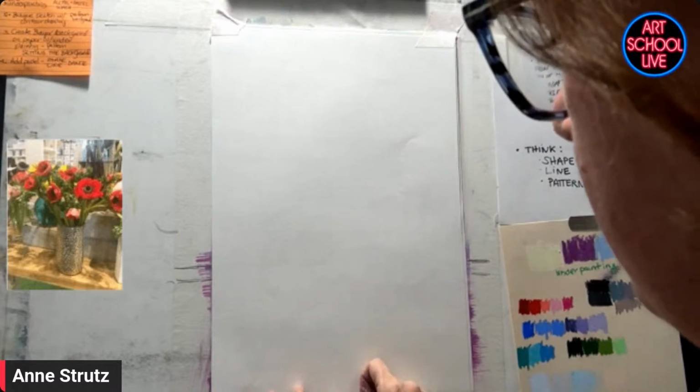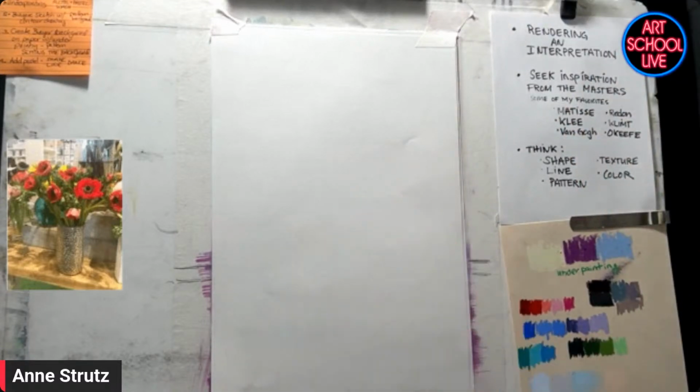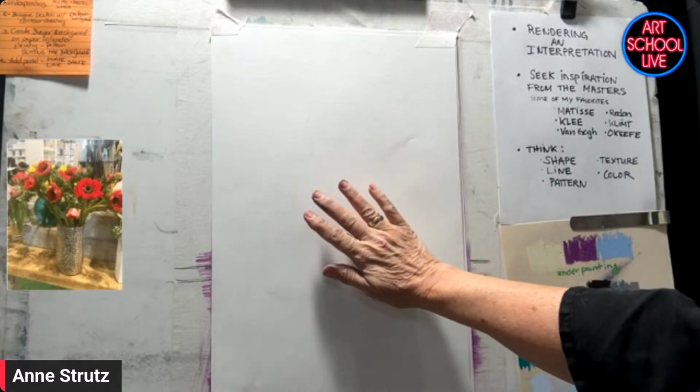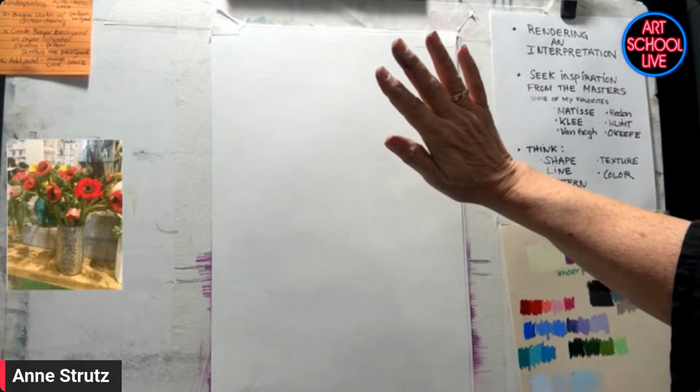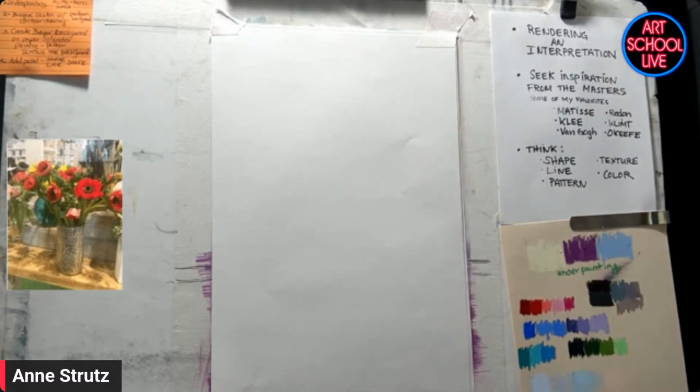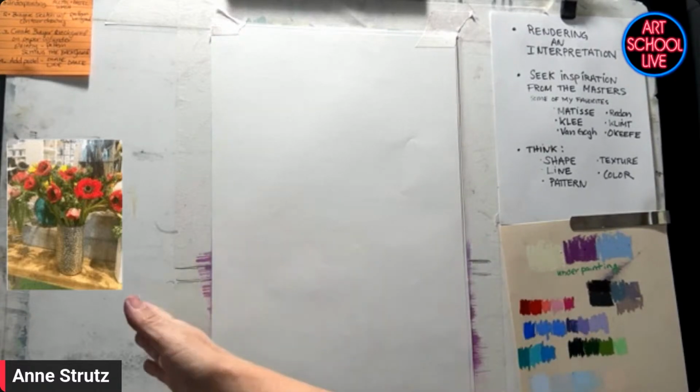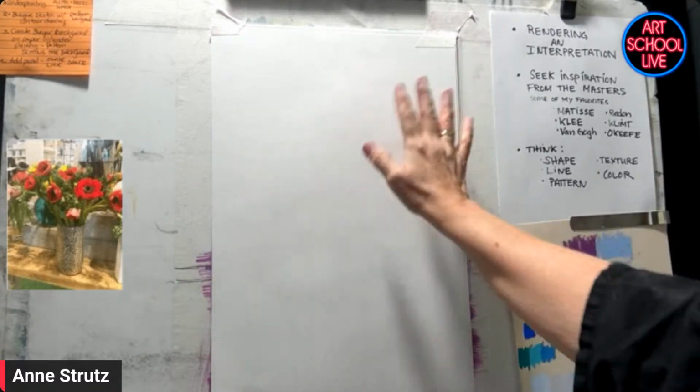So make an underpainting, some alcohol washes, and then do some sketching. This is just cheap, inexpensive drawing paper. It's like kids grade. So I have a lot of it, or you could work on newsprint if you want to go better. This worked out really well because it's the exact same size as my painting.